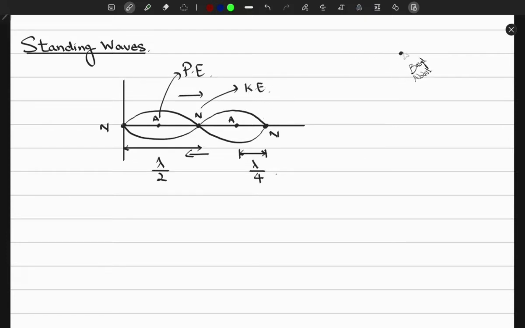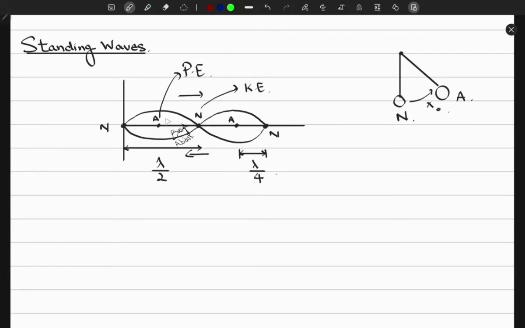You can think of this in terms of a pendulum and a bob: at the mean position, this is what we refer to as the node, while the extreme position of the bob is what we refer to as the antinode, where this distance is the amplitude of the oscillation.